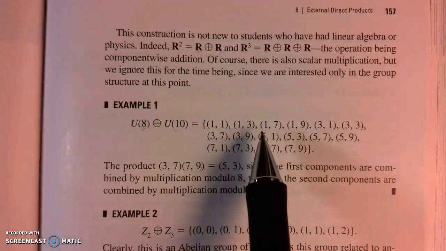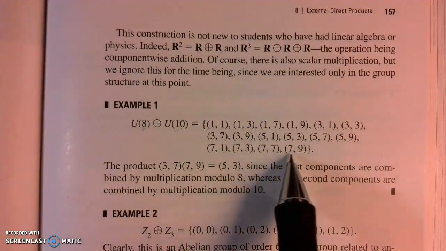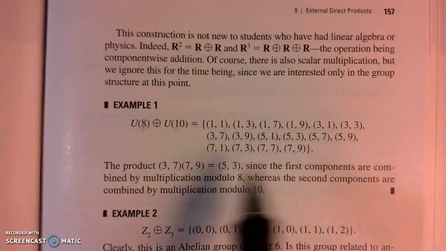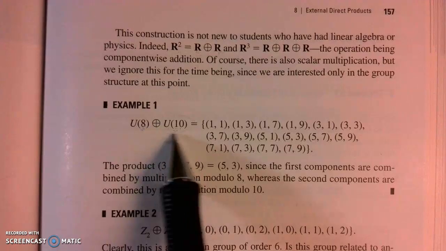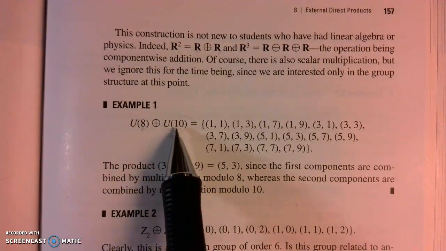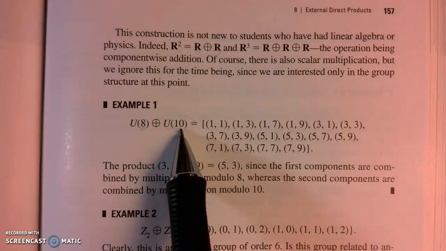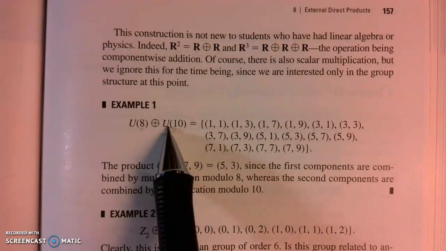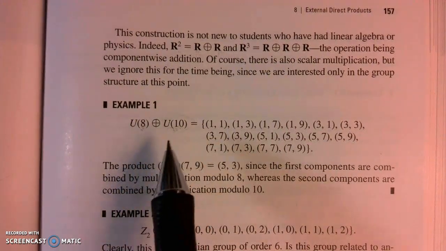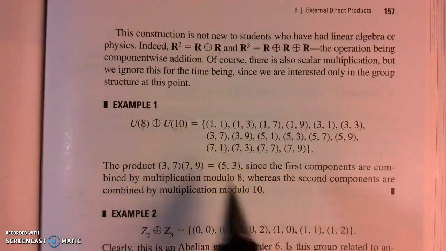And these are the first entries, 1, 3, 5, and 7. And the second entries come from U10. These are the odd numbers 1, 3, 7, and 9, because the odd number 5 is not relatively prime with 10.